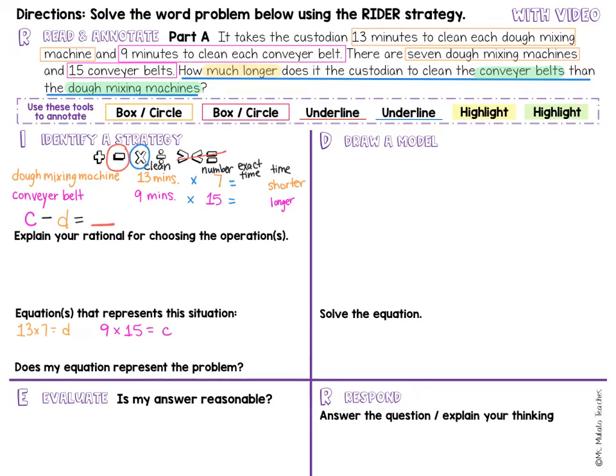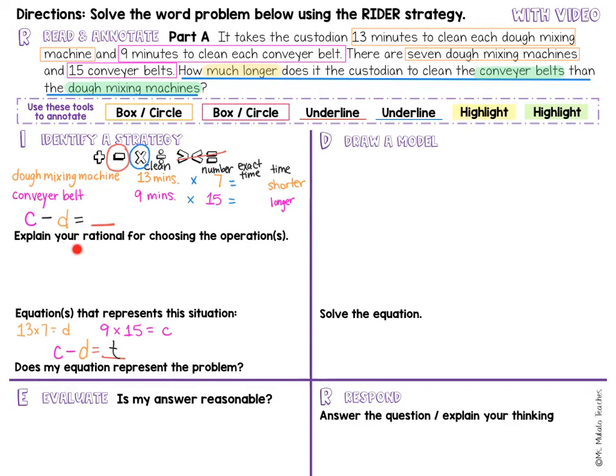Our last step is subtracting to find the difference. We have our conveyor belts minus the dough mixing machine time, which gives us our difference, how much longer it takes to clean the conveyor belts. I'm going to use the variable t here for time.